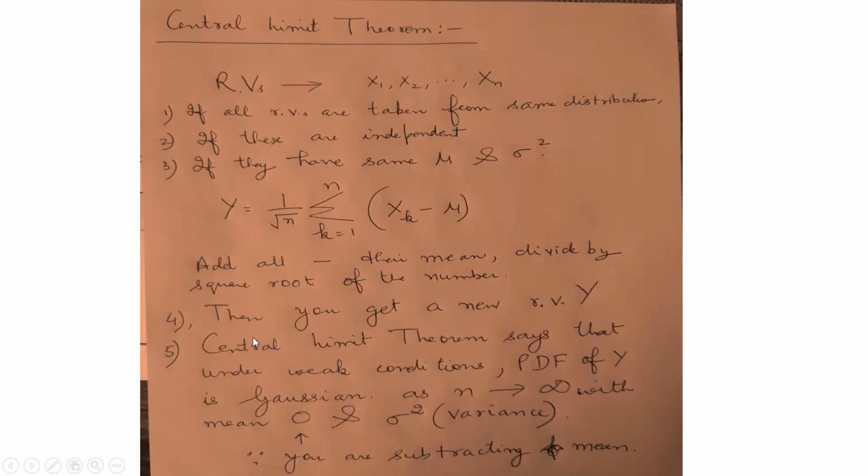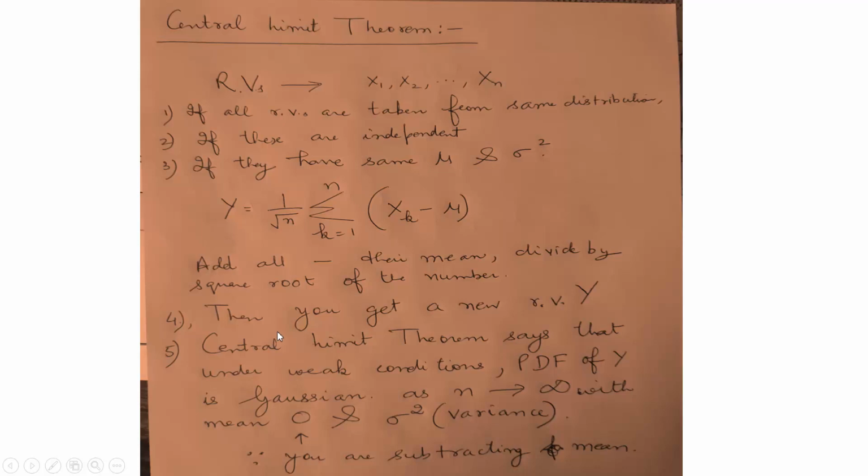So the central limit theorem says that under weak conditions, the probability density function of y is Gaussian as n approaches infinity, with mean 0. Why mean 0? Because you are subtracting the mean from every random variable value, and sigma square is the variance.